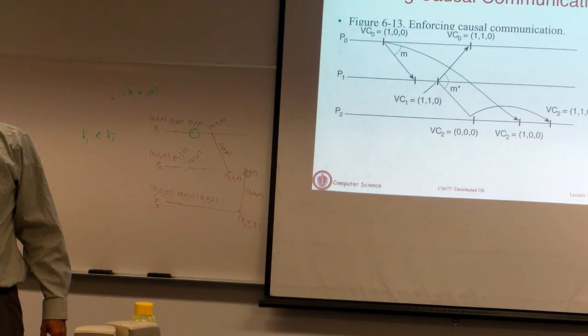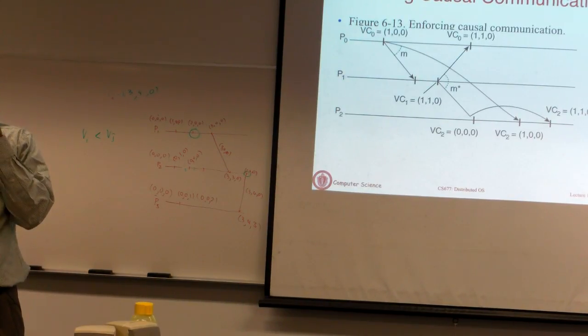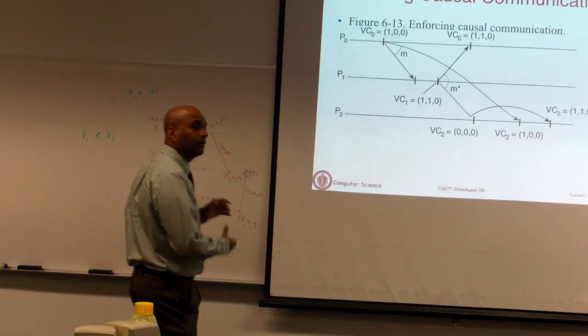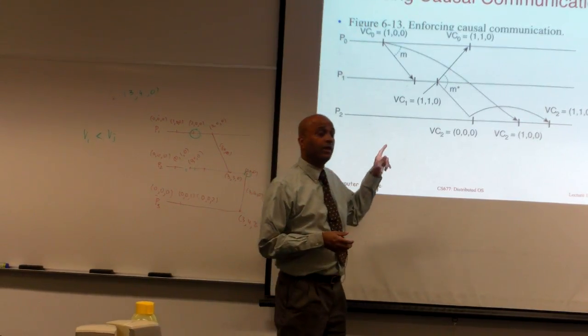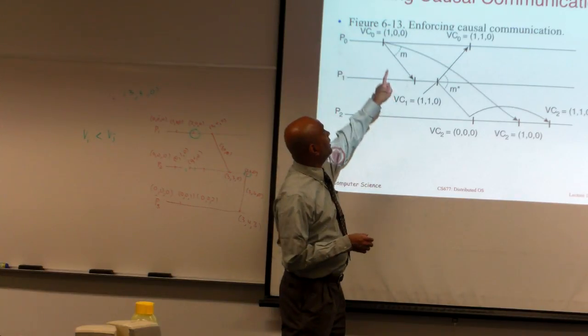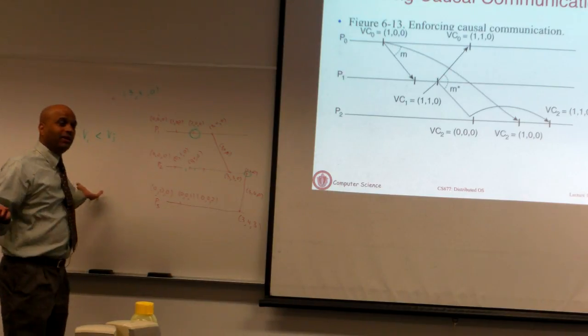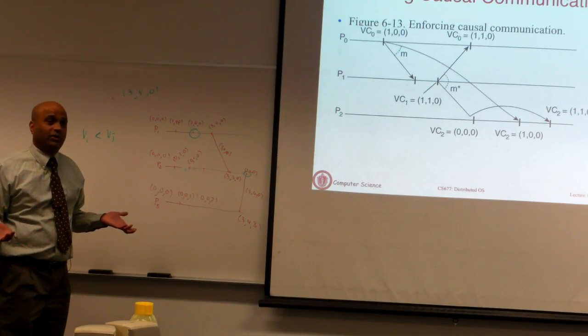Any other questions? Yes. But what happens when you're not enforcing multicast? How does P2 know? I mean, what if this scenario occurs there? Yes, so this is a library that is actually enforcing causal communication. In our normal case, we are not enforcing causal communication at all.